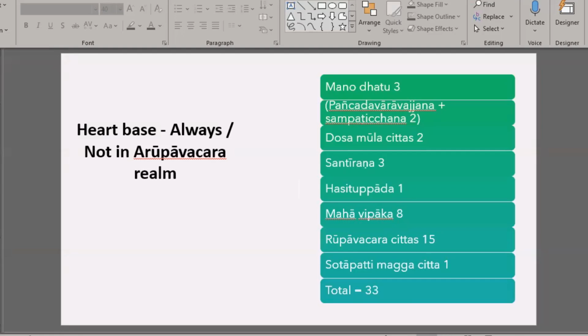It's very clear. Then, can you remember the function of Santirana? Among the 3 Santirana, please pay attention to their functions: 1 Somanassa and 2 Upekkha. What are the functions of the 2 Upekkha? Patisandhi, Bhavanga, Chuti, Santirana and Tadarammana. The 2 Upekkha Santirana Chittas have 5 functions.